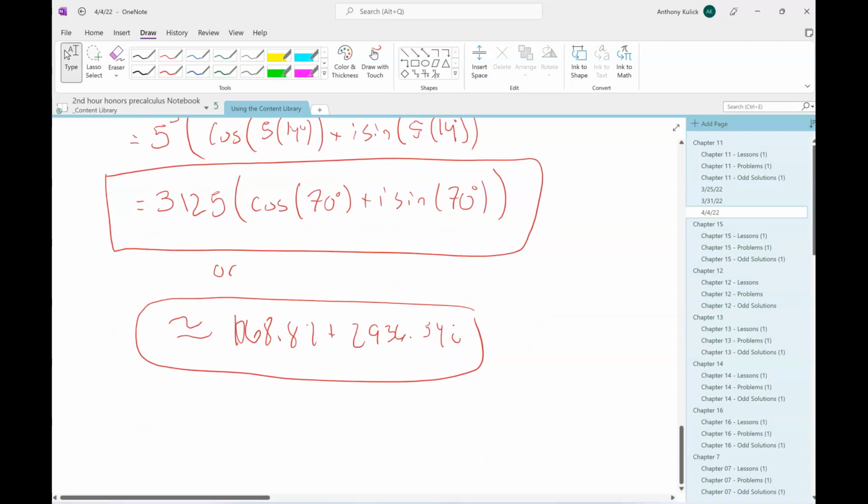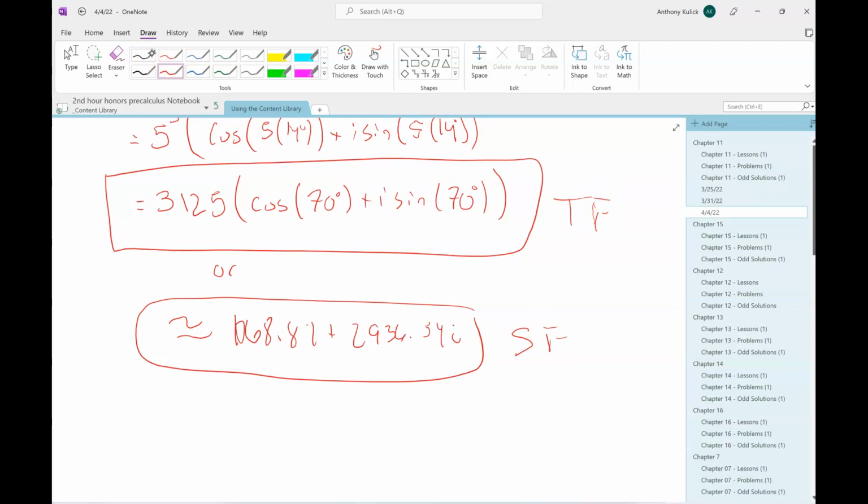Depending on whether the directions ask for your answer in standard form or trigonometric form. Correct! The first box is your trigonometric form answer. The second box is your standard form answer.